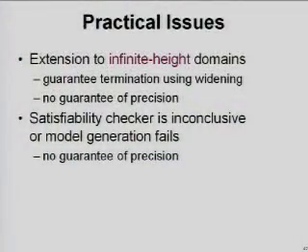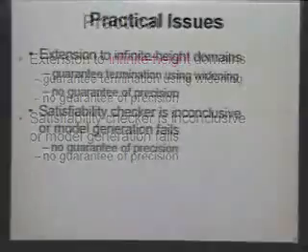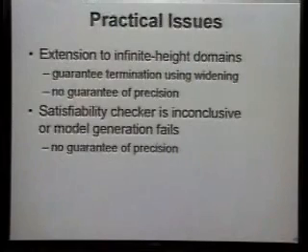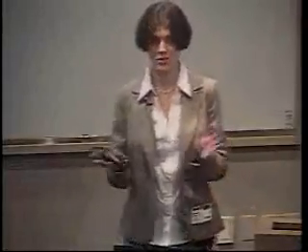Extension to infinite height domain, I mentioned. If the satisfiability checker or model generation fails, we can always come up with an approximation to guarantee soundness, but we might lose precision. And of course, I don't mean here this naive over-approximation, just return top. There are other things that we can do. I don't have time to go into this.